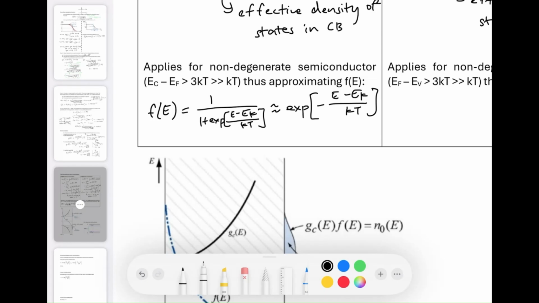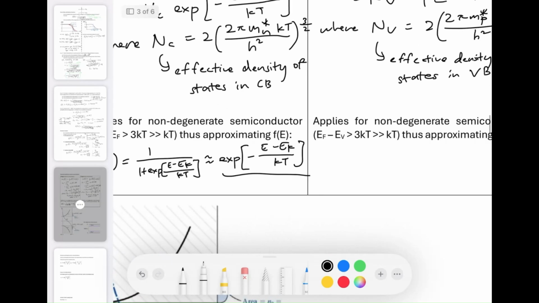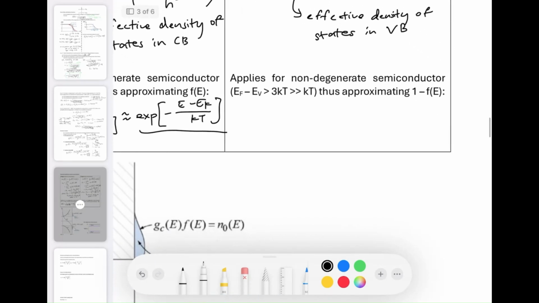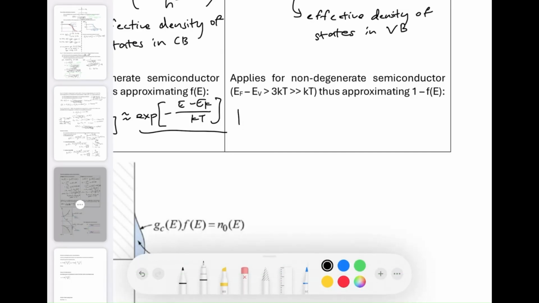So if that was unclear, basically EC minus EF, the gap, must be larger than 3kT. So that E minus EF will be very large. The exponential term is much larger than the 1, so we can approximate it into this. And this is required for this formula above to work. It's the same for holes.